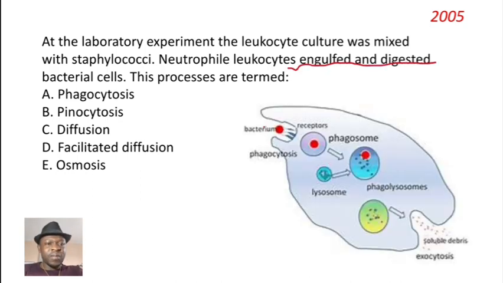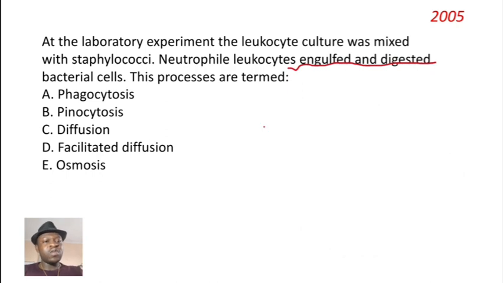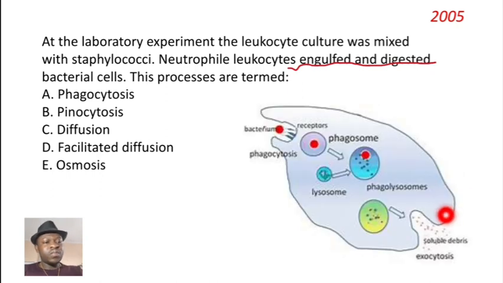So here is a simple presentation. You can see the bacteria here. After being engulfed, they form a phagosome, right? This one is the phagosome. From there, what will happen is they combine with the lysosome vesicle, right? So they form a complex known as a phagolysosome complex, right? Leading to hydrolysis and degradation of this bacteria, this organism, and then release as soluble cellular debris, right?